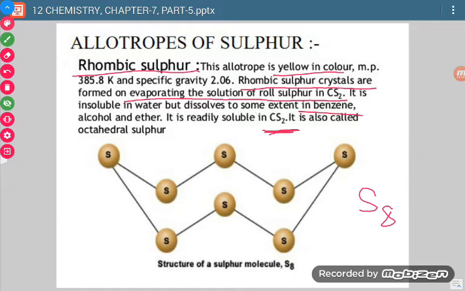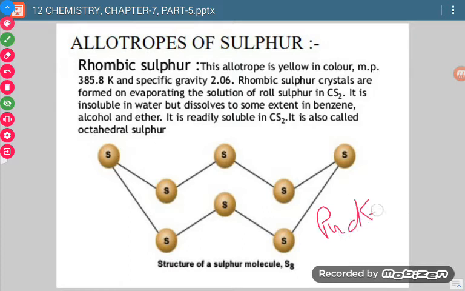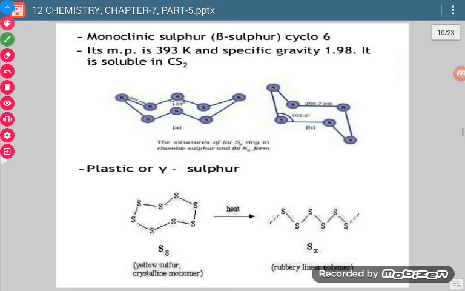And this structure which you are able to see here is also known as puckered ring structure. So this is the puckered ring structure and it is the S8 unit for rhombic sulfur.